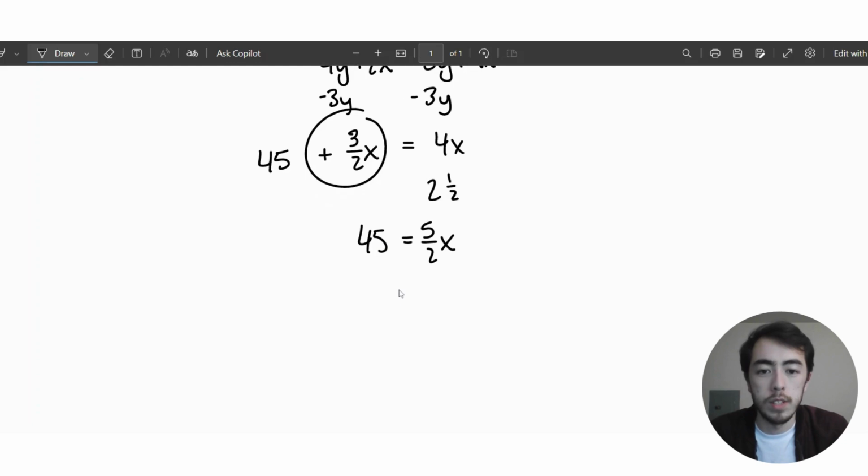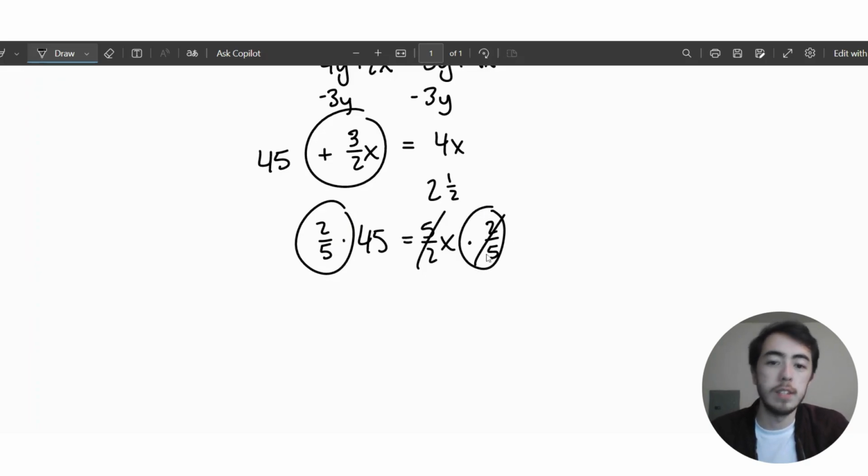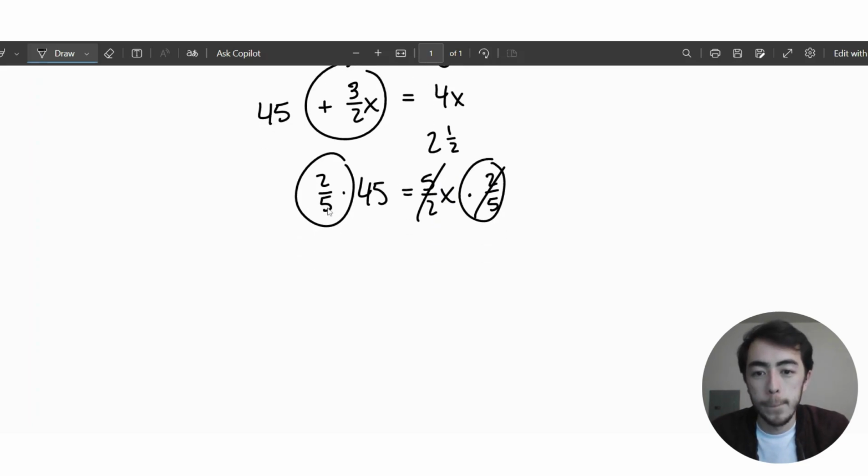Okay, one more step. To undo multiplying by 5 halves, I like to multiply by the reciprocal. And so if I multiply by 2/5 on both sides, I'm not changing my equation because I'm keeping it balanced, but this does cancel out the 5 halves with the 2/5.